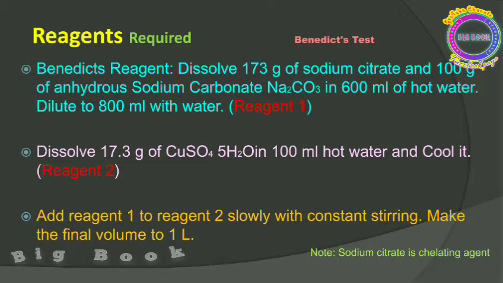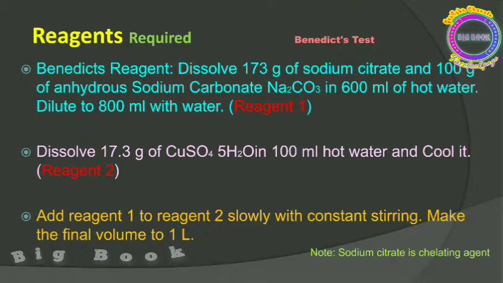This will be the reagent 2. Add reagent 1 to reagent 2 slowly with constant stirring. As reagent 1 is in excess, we have to add that huge amount of the reagent to the small amount of the other reagent, so that the reaction should happen uniformly. So here we have to stir slowly as we add, and further we have to make the 800 plus 100 ml of the reagent, which is already 900 ml, up to 1 liter.